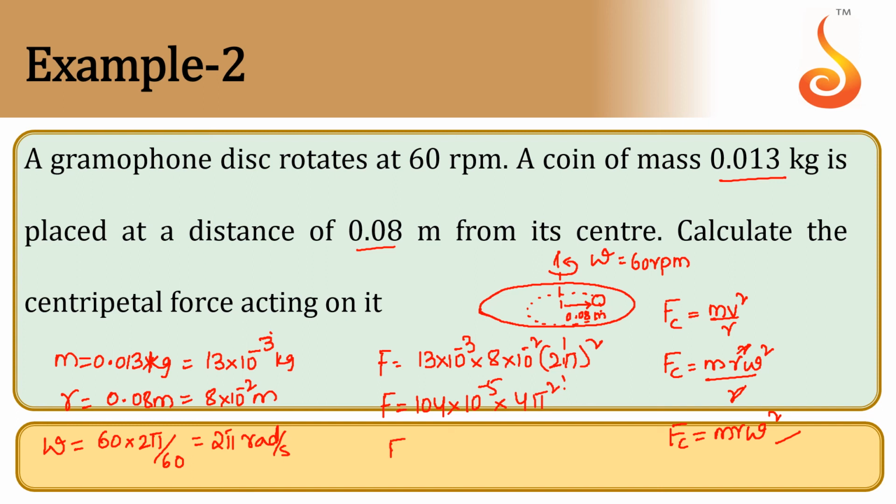So by simplifying, F is equal to 4105.7 into 10 power minus 5 newtons, or 4.1 into 10 power minus 2 newtons.